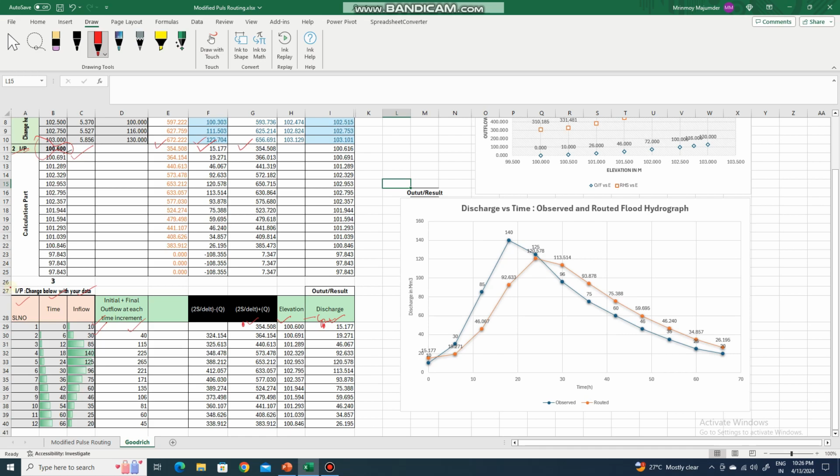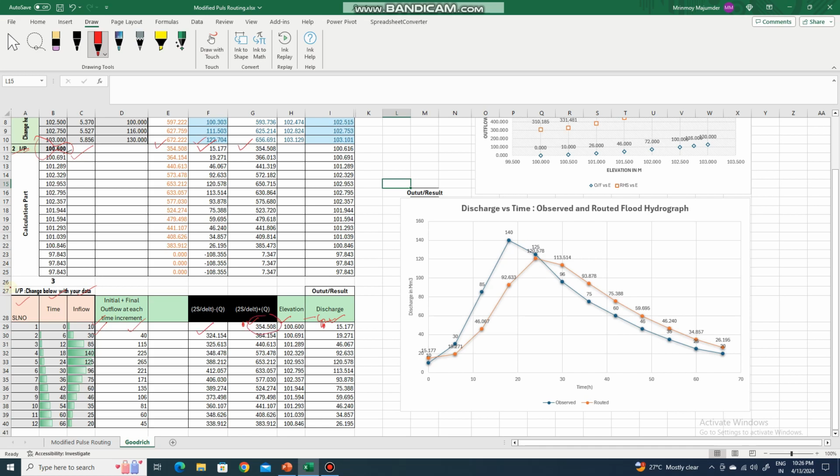Correct? And then what happens, as I have discussed, from this 354 we have deducted 2 into discharge, 2Q. Please remember that last slide. This 354.508 is your 2S/Δt plus Q, and this is your discharge Q. So 2Q you deduct, and you will get 2S/Δt minus Q, this one.